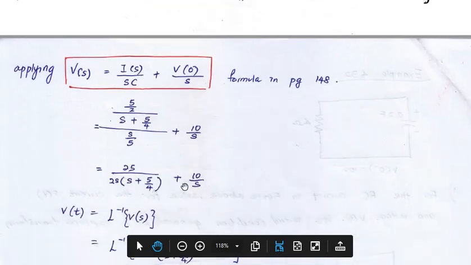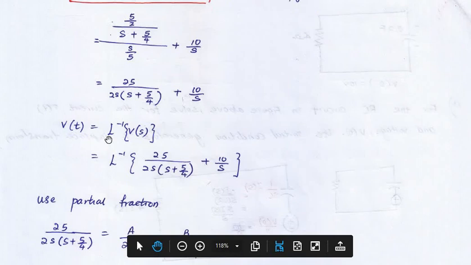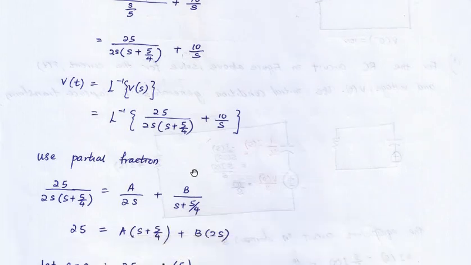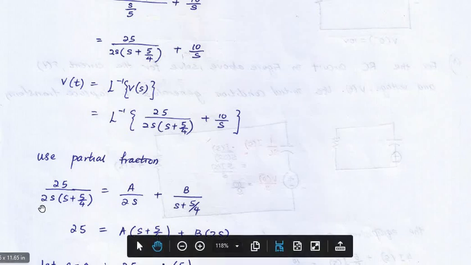You simplify it, and from Vs you get V(t) by inverse Laplace transform. How to get V(t)? This is the procedure. For this part, we can use partial fraction expansion: 25 over 2s, s plus 5 over 4.